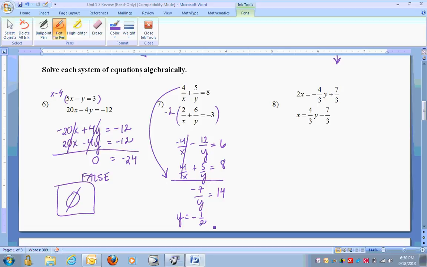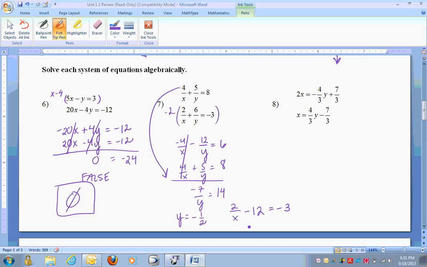So then I can take my negative 1/2 value and plug it back into one of my equations. I'm going to use the original bottom equation. So 2 over x plus 6 divided by negative 1/2 is the same thing as multiplying 6 by negative 2. Dividing by a fraction is the same thing as multiplying by the reciprocal. So 6 divided by negative 1/2 is actually negative 12. And then that equals negative 3.